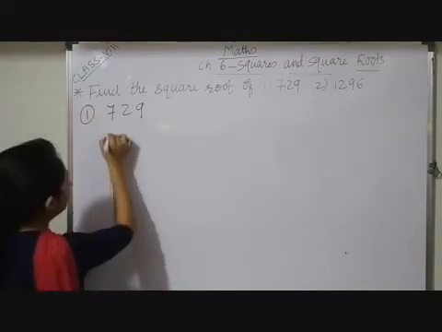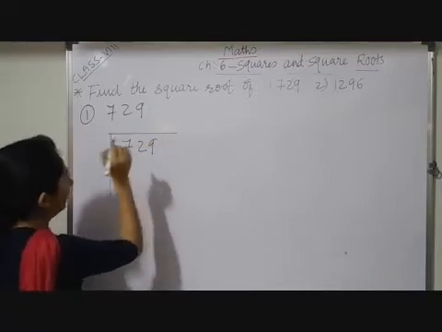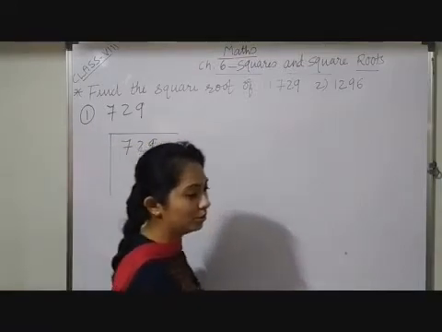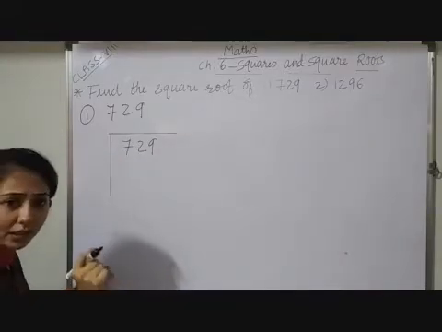First of all, we will write it in this form, and here we write the given number whose square root we want to obtain. Now observe, children, you have to be very careful.